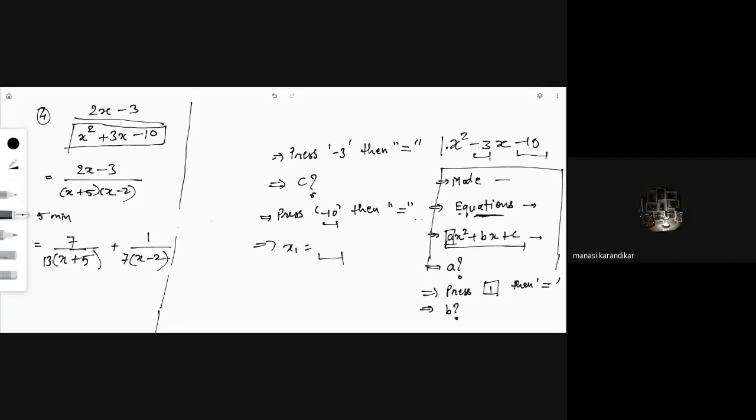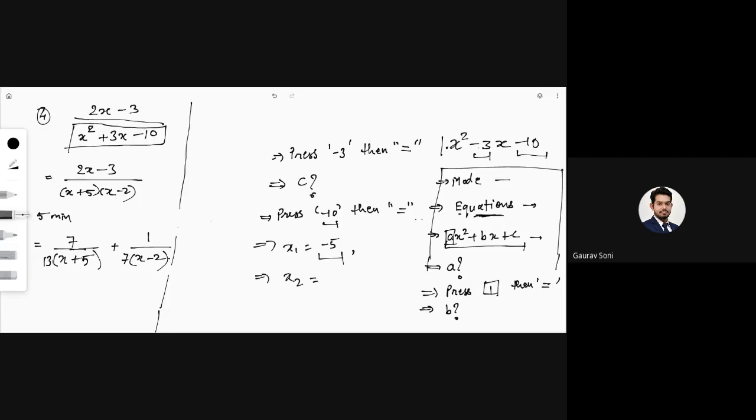Sir, 5. X1 is 5 or -5? Sir, only 5 I got. Sir, -5. It has to be -5. Yes, sir. And again press equal to, it will show you the next value, x2. You will get another value.